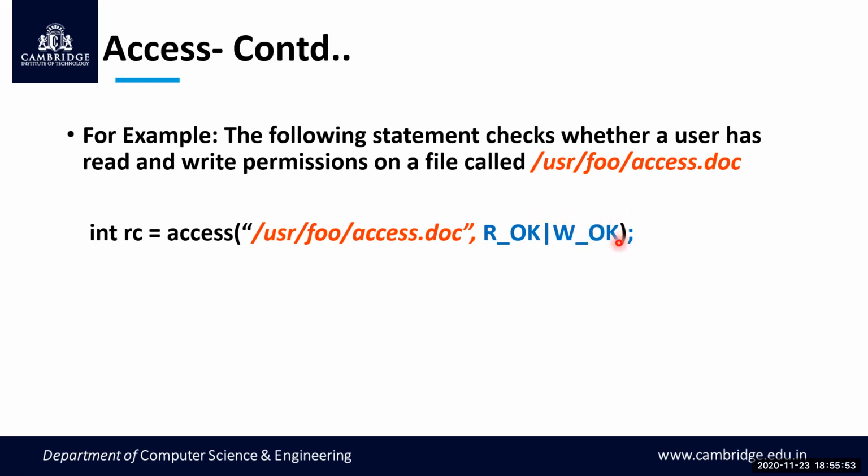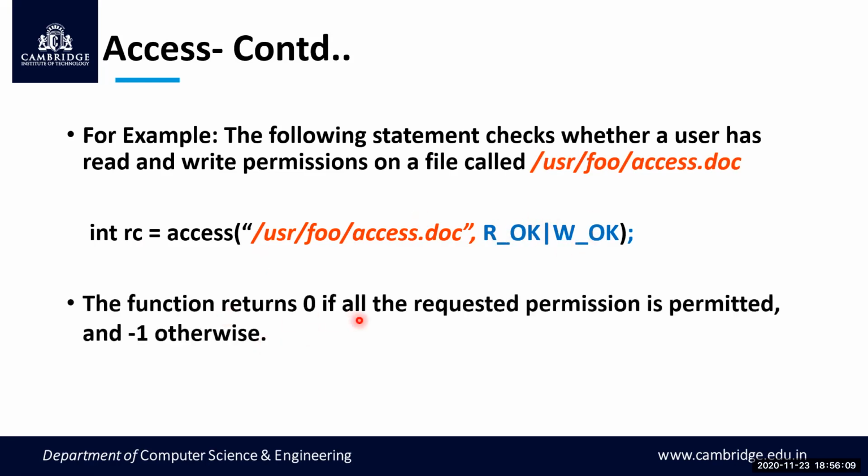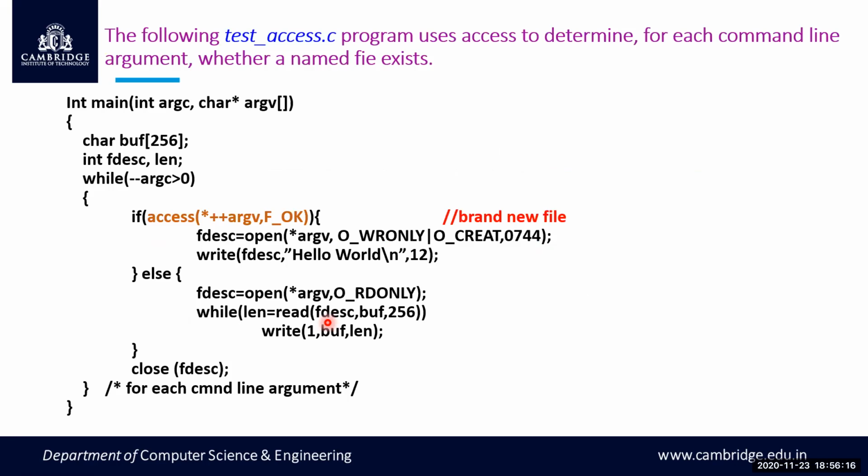Again, I can use OR followed by a third flag, and I can use all four by adding a bitwise OR in between. So for this file, I am checking whether the file has read and write permission. The function returns 0 if all the requested permissions are permitted. Otherwise, it returns -1.